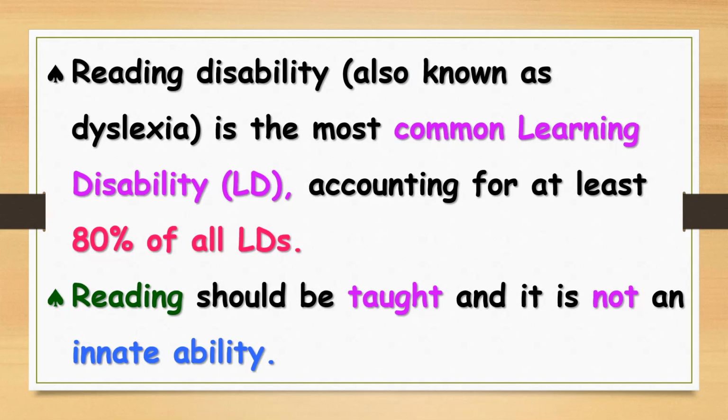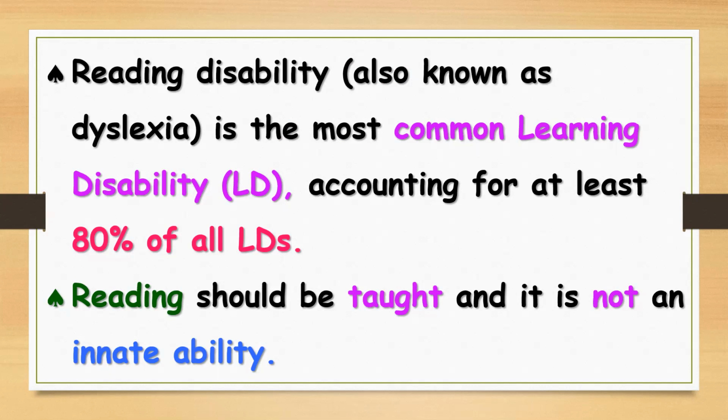Reading should be taught. It is not an innate ability. Reading has to be taught. We have to make the child understand what reading is, how to read, how to pronounce a word, how to pronounce a sound. Phonology, phonemes, phonetics, phonics, everything has to be taught. It is not at all an innate ability.